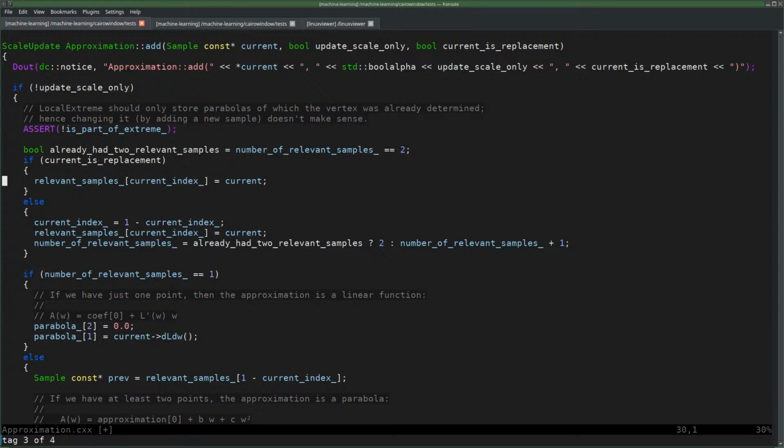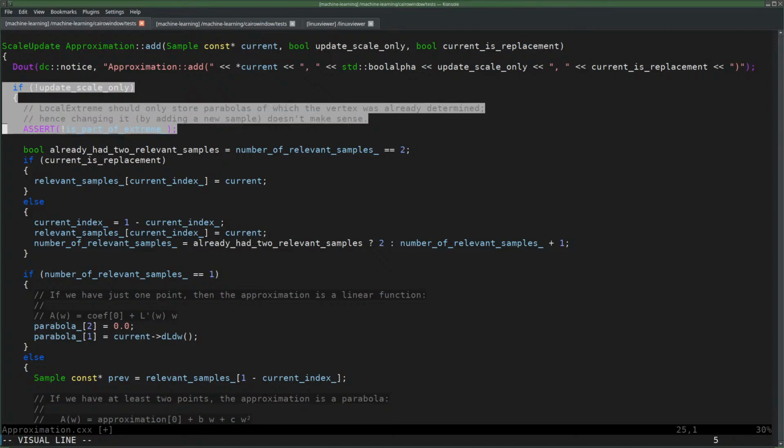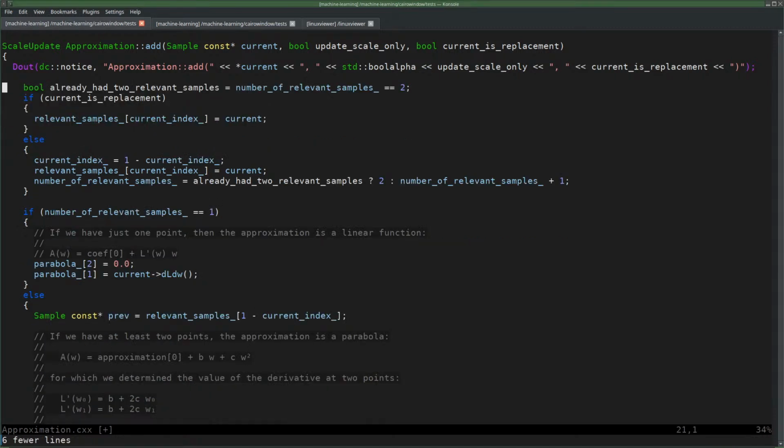Otherwise the scale update doesn't work. So I guess this should go here.